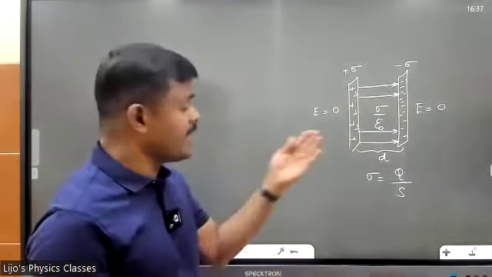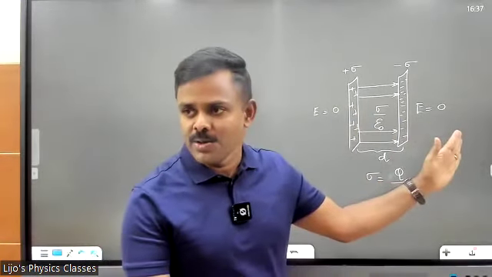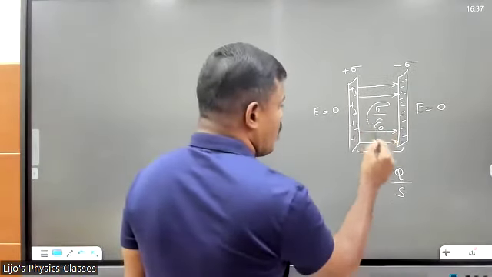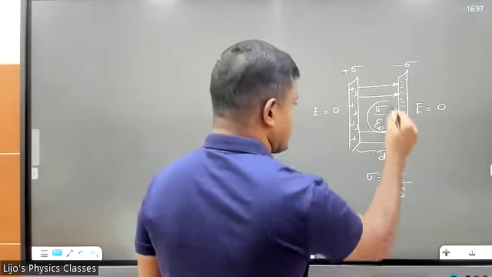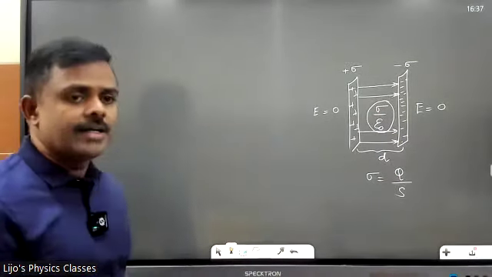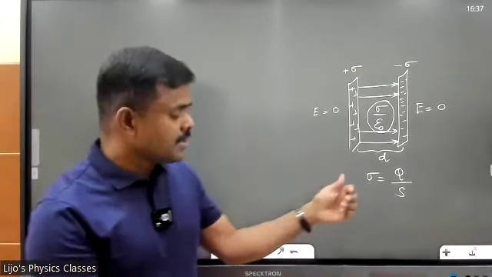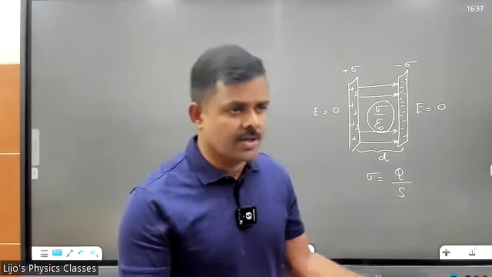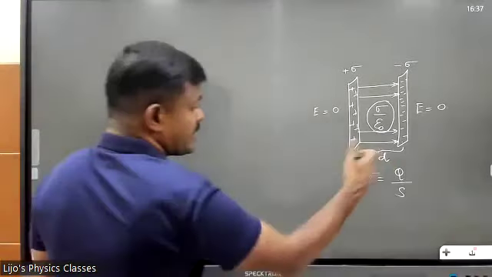Outside the plates, electric field is zero. Inside the plates, electric field is sigma over epsilon zero, where sigma is called surface charge density, and its equation is total charge divided by total area. And the distance spacing is small letter d.